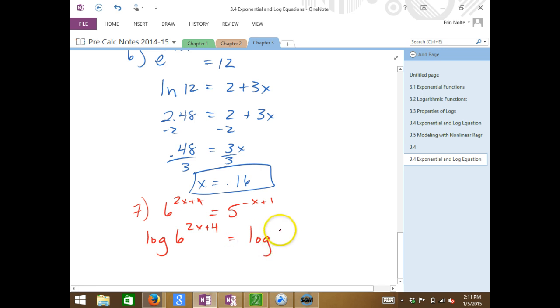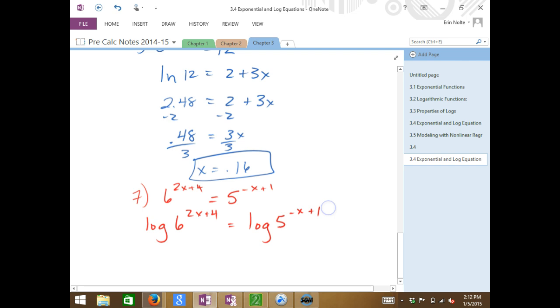This is basically like way back on number 5, we're undoing that. Now I'm going to get the exponents out of the exponents, and I'm going to use a property. What can I do with the exponent to get it out of the exponent? Put it in the front. Good. That's the power property.